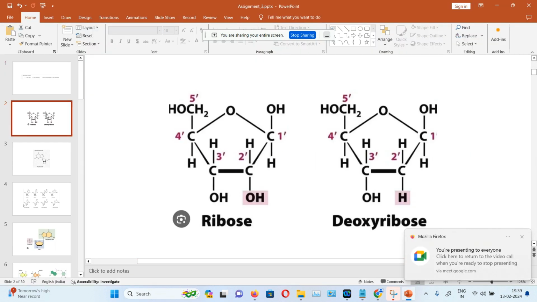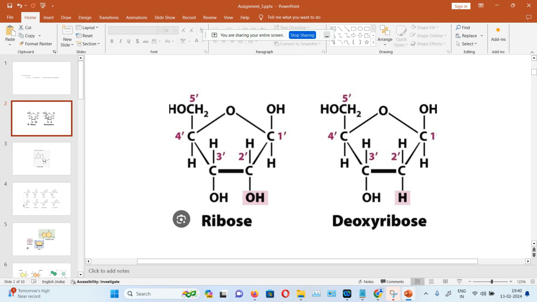These are two sugars which are present in our nucleotides: one is ribose sugar, one is deoxyribose sugar. The difference is that in deoxyribose sugar, the second carbon atom does not have an oxygen.